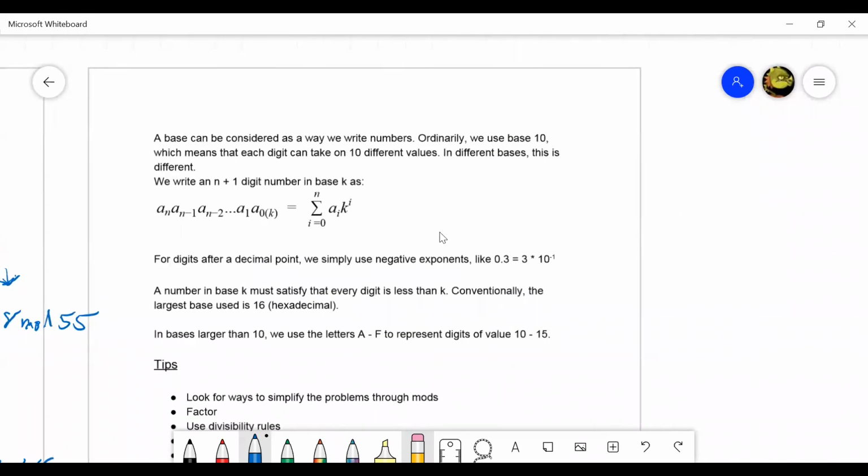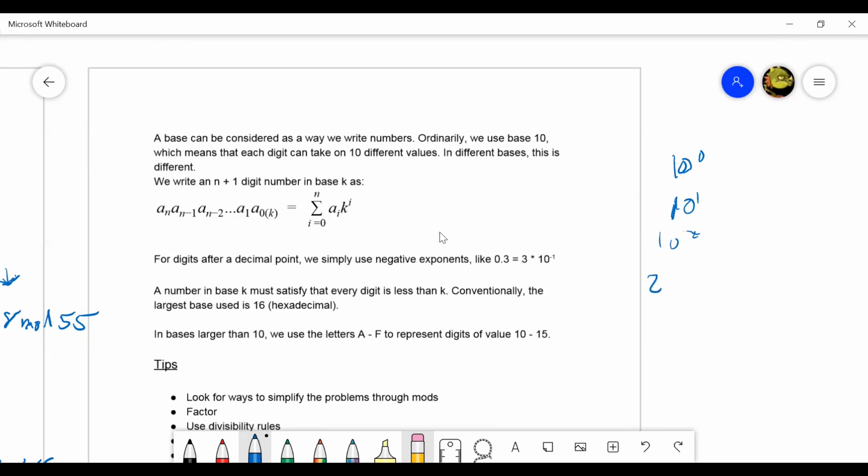And in normal math, you could say we use base 10, which means that every digit has a place value corresponding to a power of 10. So the units digit of a number corresponds to 10 to the 0, the tens digit corresponds to 10 to the 1, the hundreds digit corresponds to 10 squared, and so on.